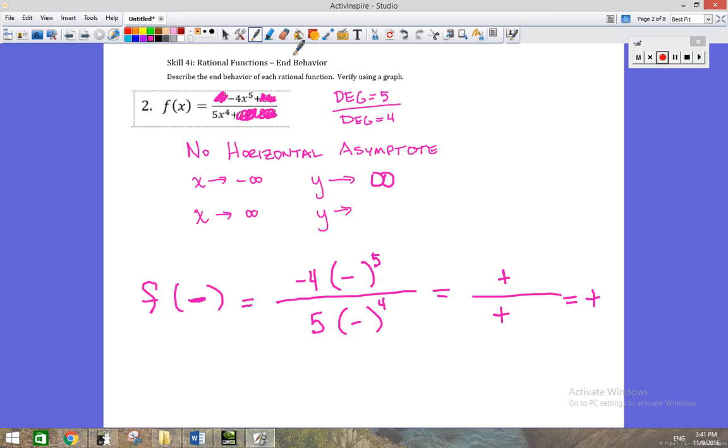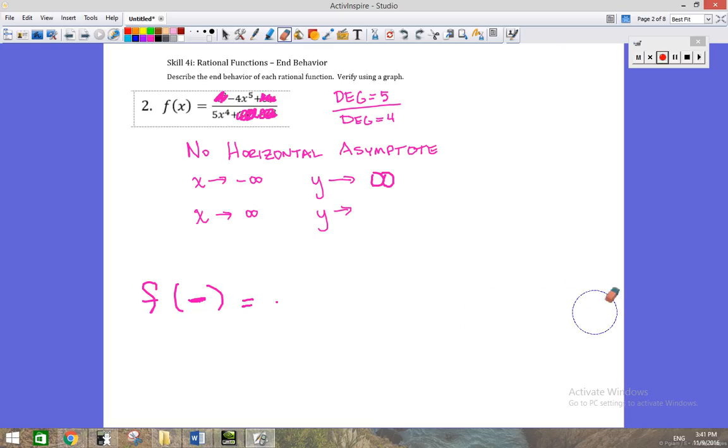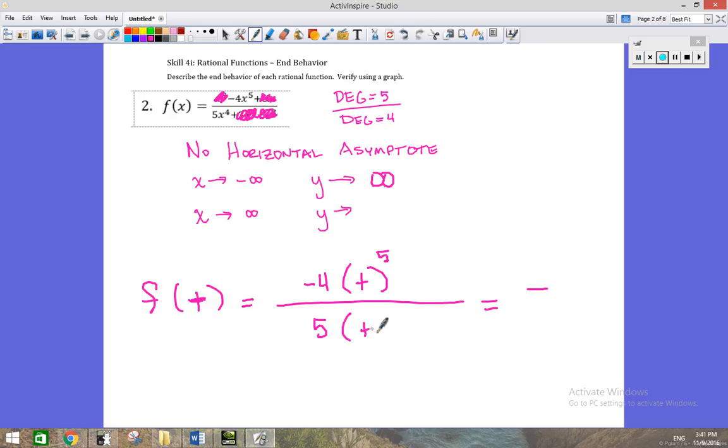All right, so now let's plug in extremely large values, large in the positive sense, and in the numerator we have a negative number times some positive number raised to the 5th power. Well, a negative number times a positive number is going to be negative. And in the denominator, I have 5 times some positive value raised to the 4th power.